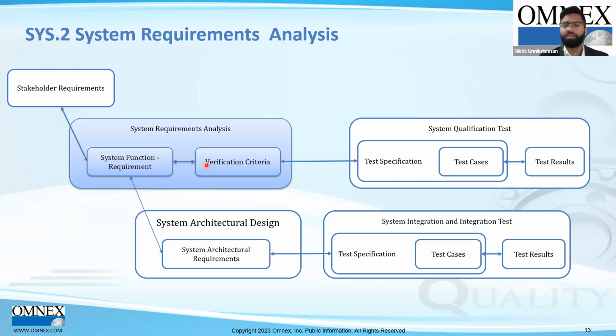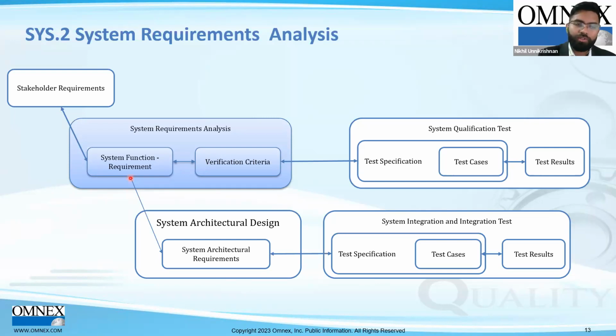So verification criteria, and we'll talk about this in a subsequent slide, where the verification criteria serves as a mechanism for the systems requirements engineers to convey what type of verification activities should be done, and it serves as an input to the testing group. It's not meant to replace the test specification, but it's only an input to it.